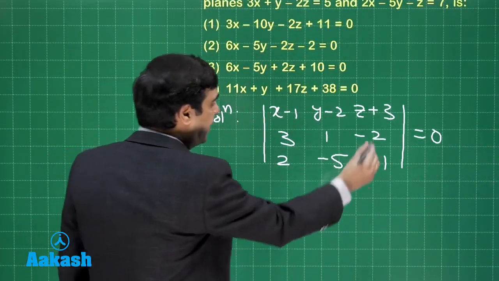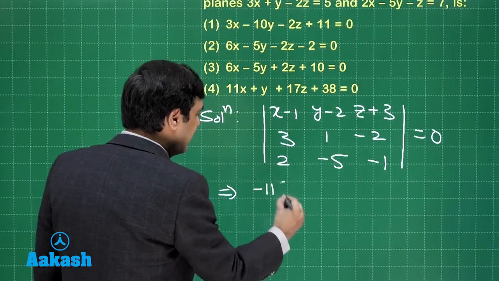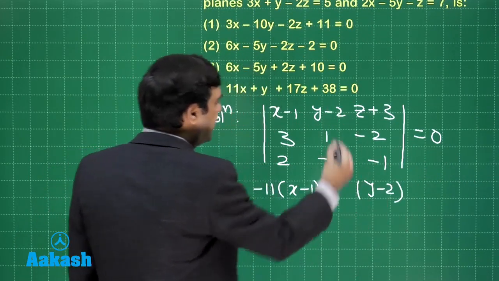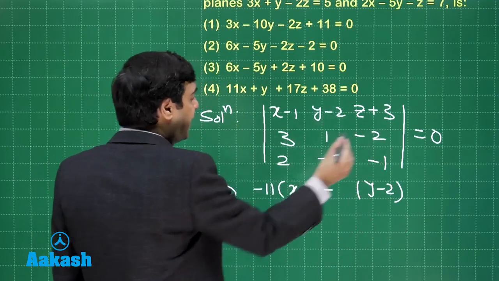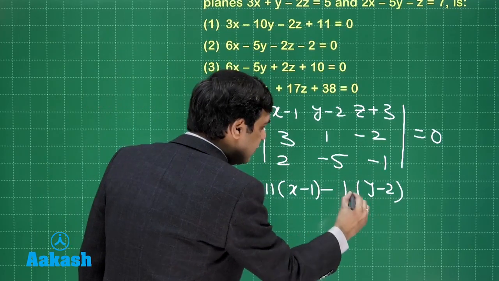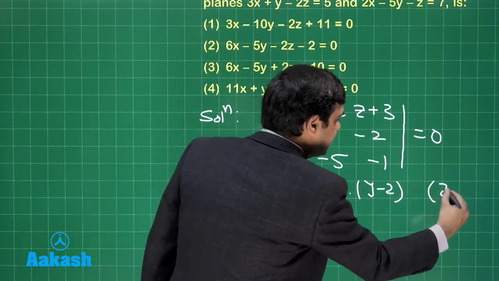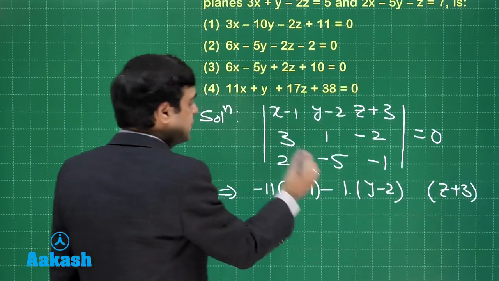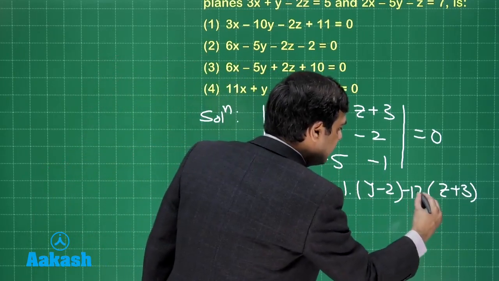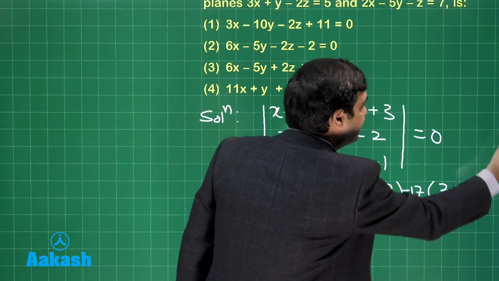This gives you minus 1 minus 10, that is minus 11, into x minus 1. Then y minus 2 is multiplied with minus 3 plus 4, that is 1, the minus sign is already there. Then next, z plus 3. This is minus 15 minus 2 giving you minus 17, is equal to 0.